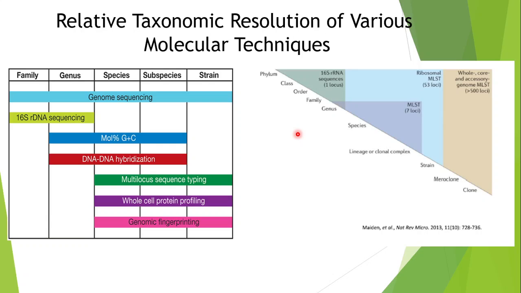Here in this flowchart, we can see that 16S rRNA sequencing, which is one of the most common methods for bacterial taxonomical classification, involves only a single locus and hence can differentiate only up to the genus level. On the other hand, with high throughput MLST techniques, we can actually study the diversity up to clone level due to sequencing of a large number of genes.